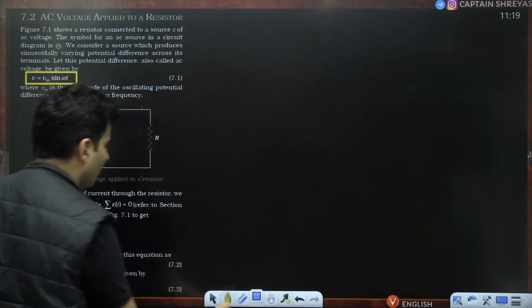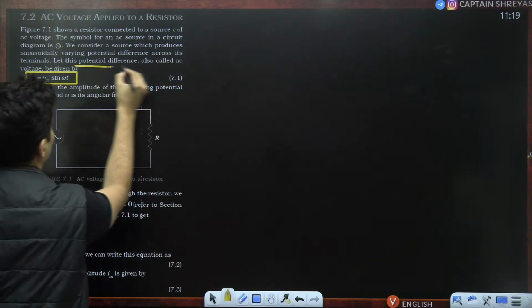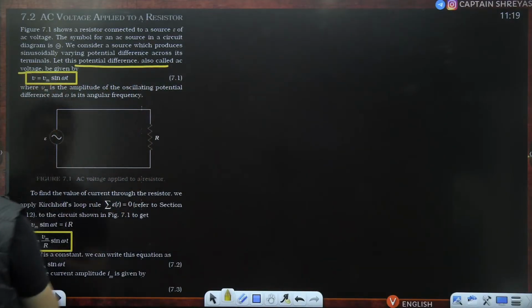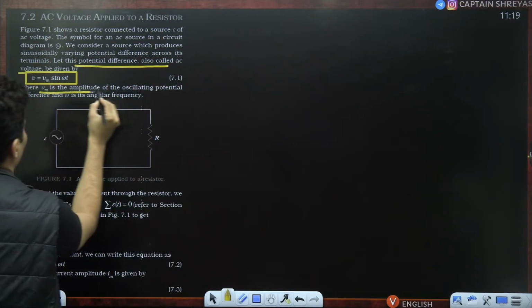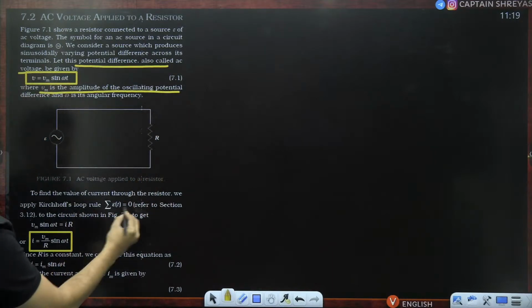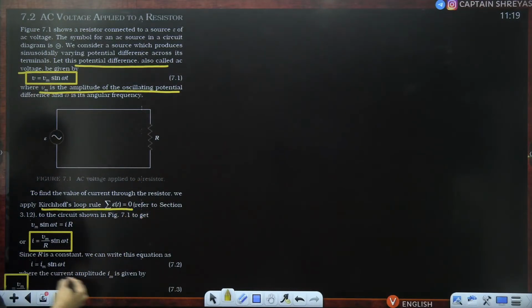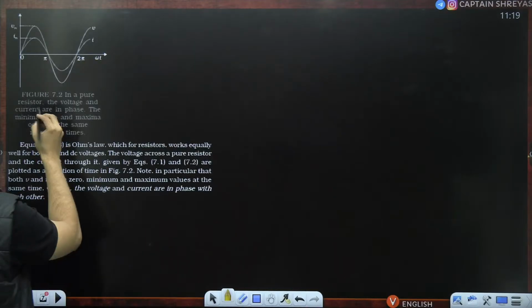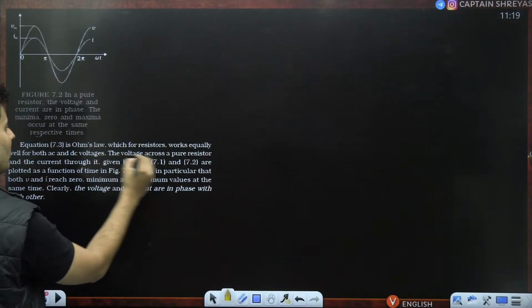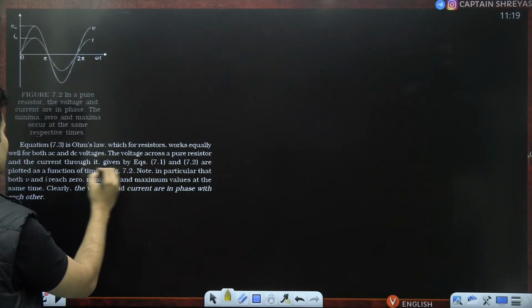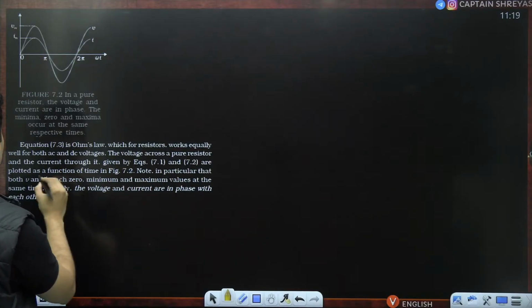This is one important thing. Let the potential difference also be called the AC voltage, where Vm is the amplitude of the oscillating potential. Applying Kirchhoff's rule, this is what we get, and this equation in Ohm's law works equally well for both AC and DC. The current for a pure resistance is given by this and plotted.